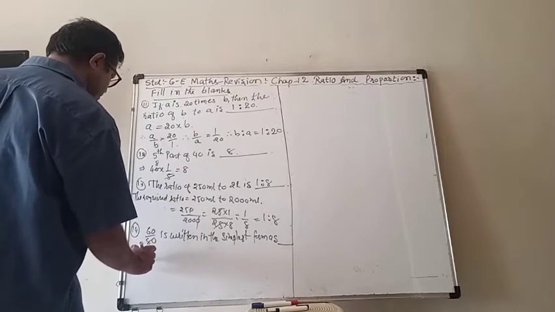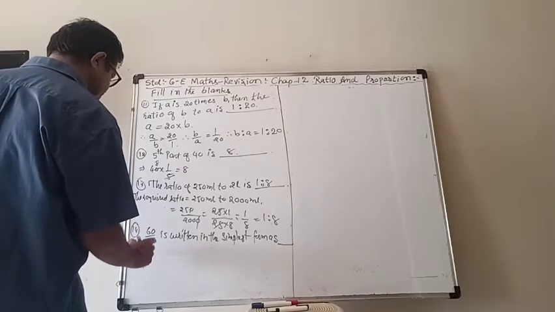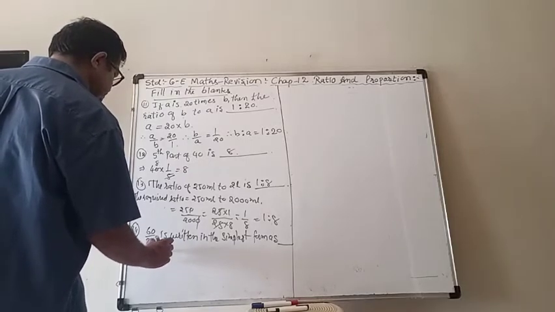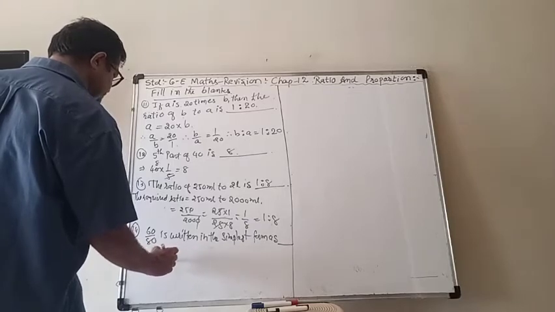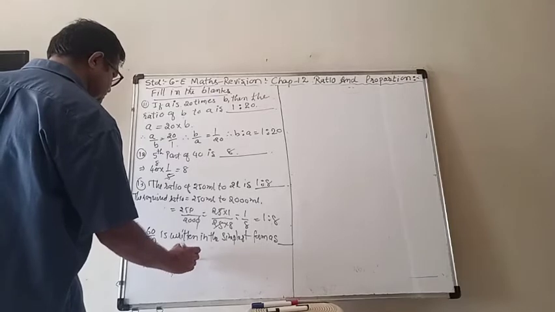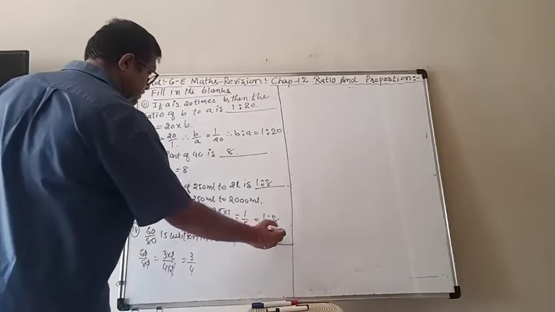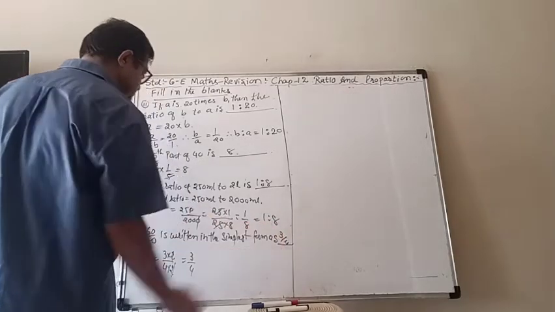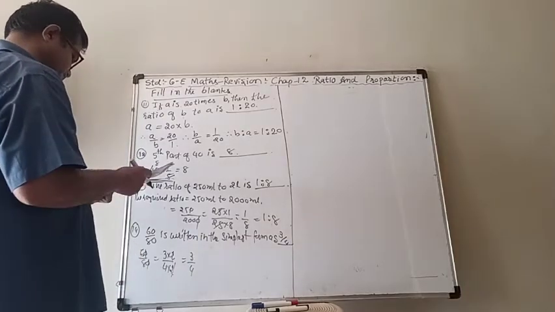So now 60 upon 80. Zeros can be cancelled. 3 2s are 6, 4 2s are 8, 2 to cancel. So it can be written as 3/4.